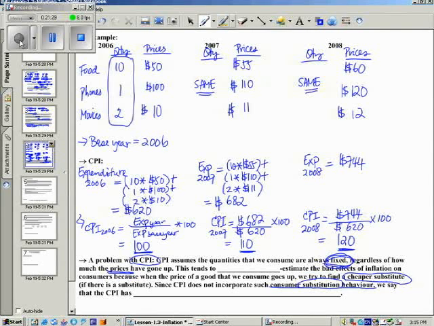And we say that the consumer price index tends to actually overestimate the bad effects of inflation because of the fact that when prices have actually gone up by 20%, I'm not going to actually increase my expenditure by 20% because I'm going to change the quantity.